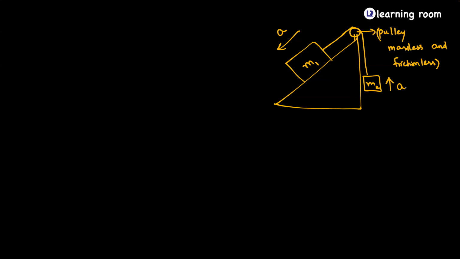Plus M2. g sin theta is acceleration, M2 is mass. How can you add two physical quantities with different dimensions? How to proceed? Observe.